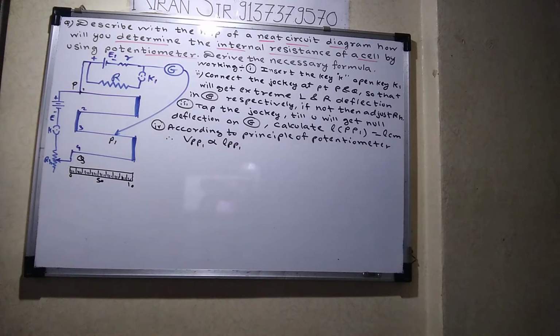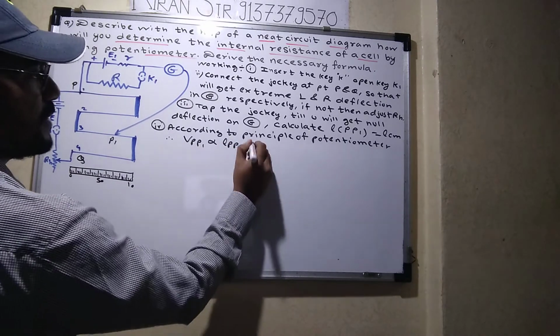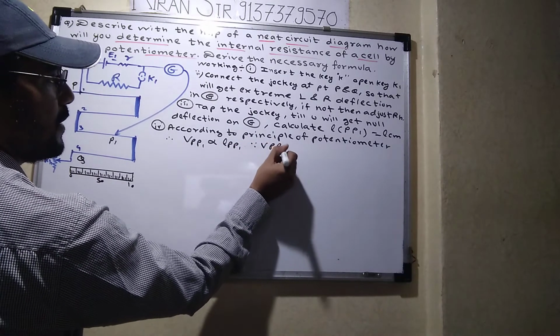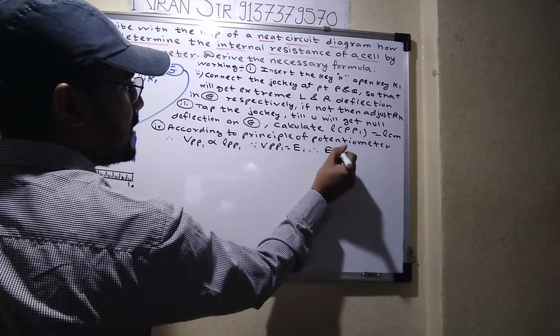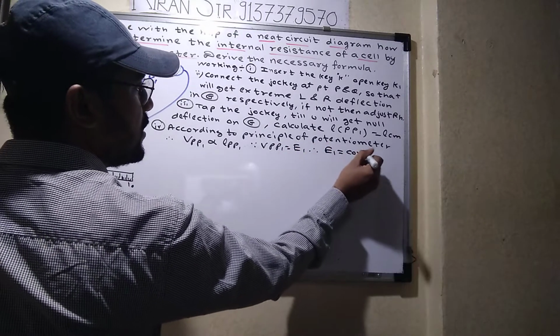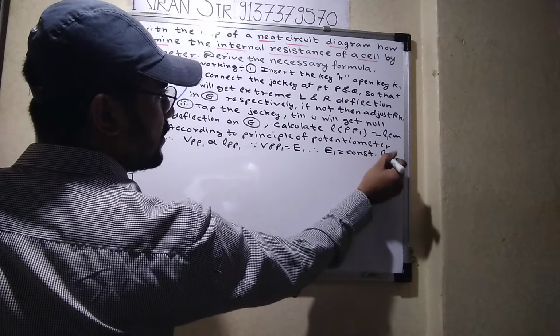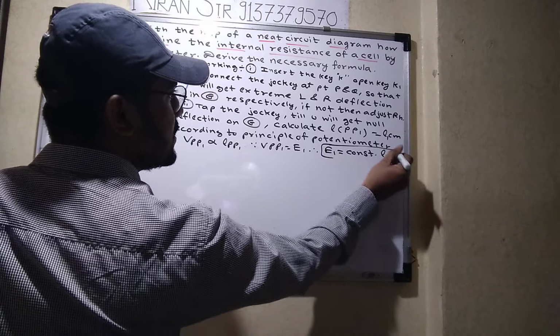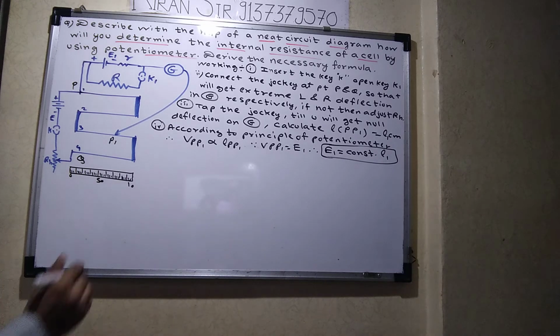Since the voltage from P to P1 is your E1, therefore E1 is equal to a constant multiple of L1. This is equation number 1. Understood, students?